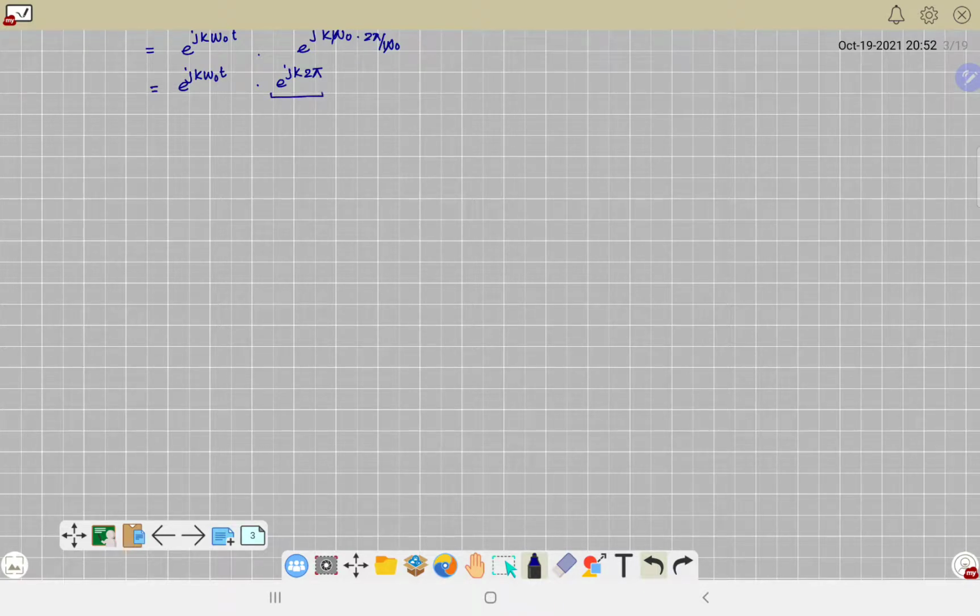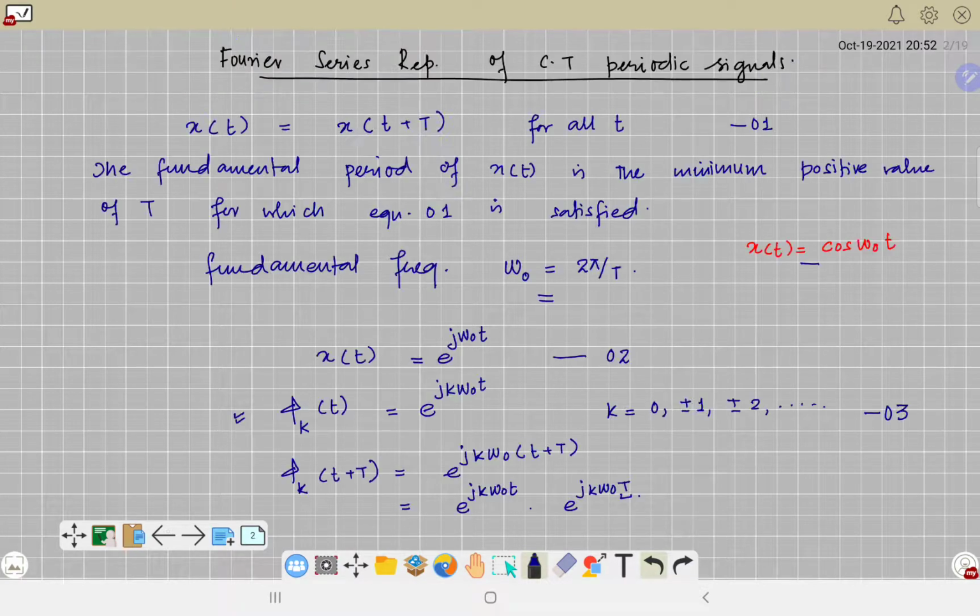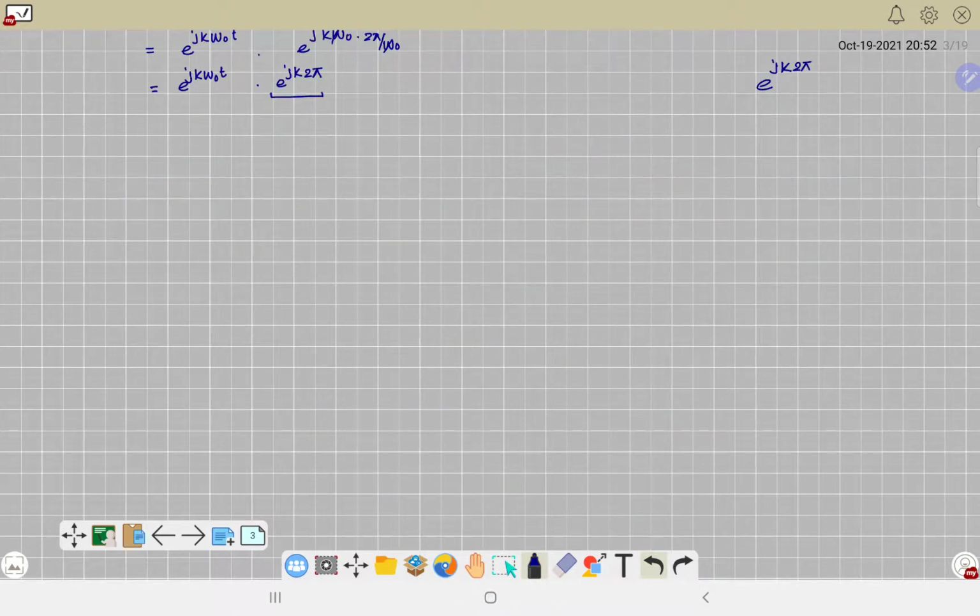Okay. Now this part, e raised to the power j k 2 pi. If I give different values to this, because k can take these values, I can have e raised to the power 0, e raised to the power j2 pi for plus 1, e raised to the power minus j2 pi for minus 1. Similarly, e raised to the power j4 pi, e raised to the power minus j4 pi, and likewise.